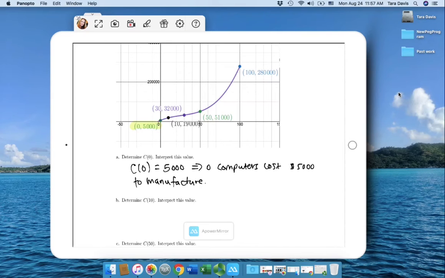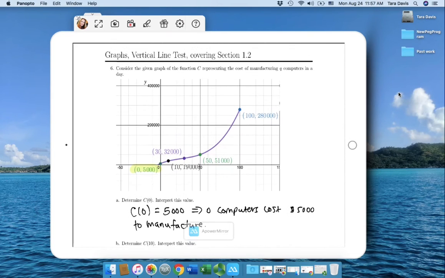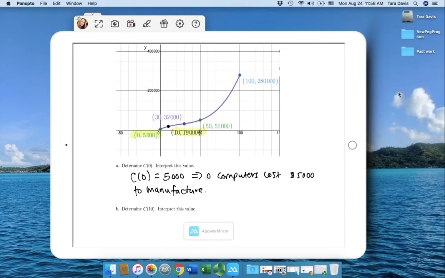So for part B, it asks us to determine C of 10 and interpret. So for C of 10, I'm going to use this point on the graph of the function to say that C of 10 equals 19,000.